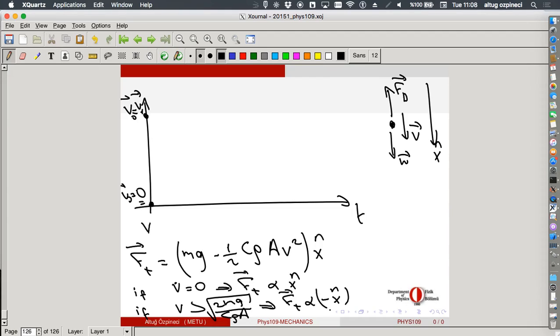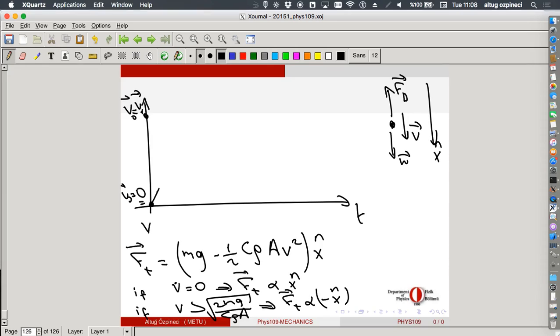So let's see what happens. This object is accelerating in the plus x direction, so at the next instant, its speed will be larger. Whereas this object, we threw it downhill.